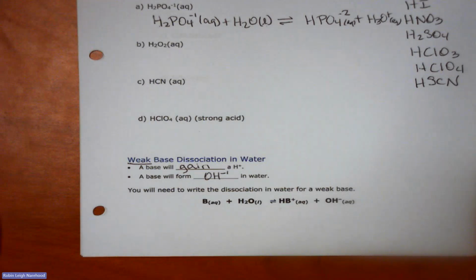So we're just showing a weak base dissociation in water. And so our weak base is going to take a hydrogen from water. And if water loses an H, then it creates hydroxide.